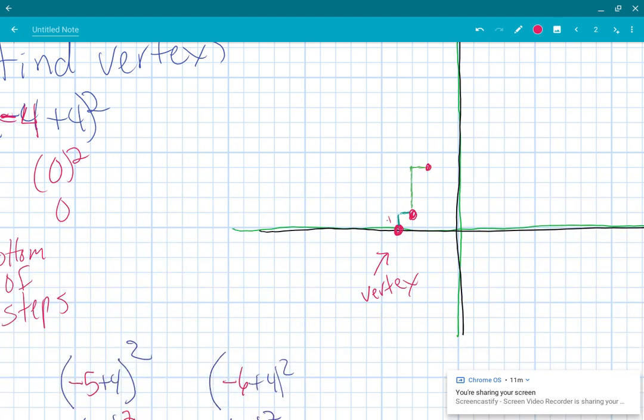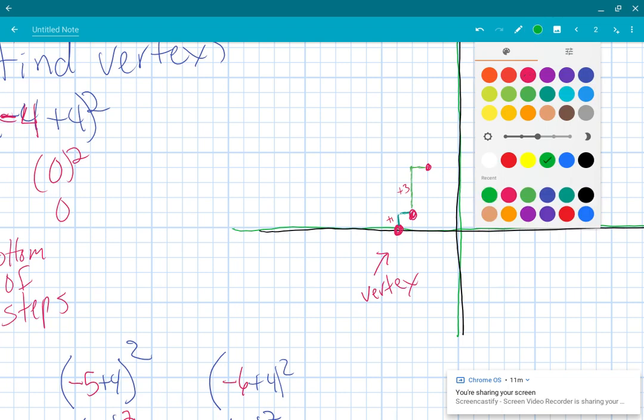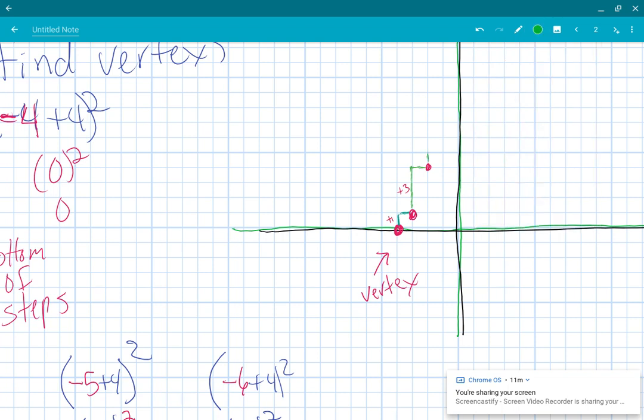So it's +1, +3. And what would you guess the next one would be? Up 5. 1, 2, 3, 4, 5, and over 1.